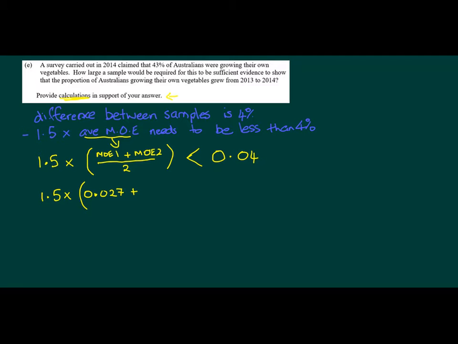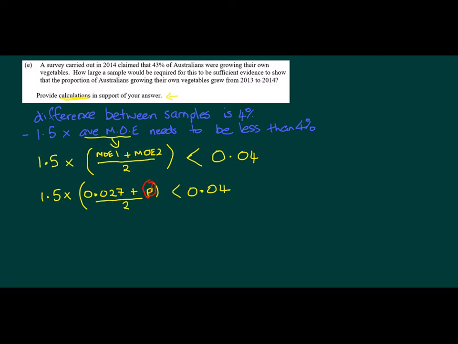So I'm just going to call that P for probability or something like that. Doesn't matter, any letter will do. That's all over 2. And that has got to be less than 0.04. So what we're actually trying to do is find this value P here, which is the margin of error for the 2014 sample.